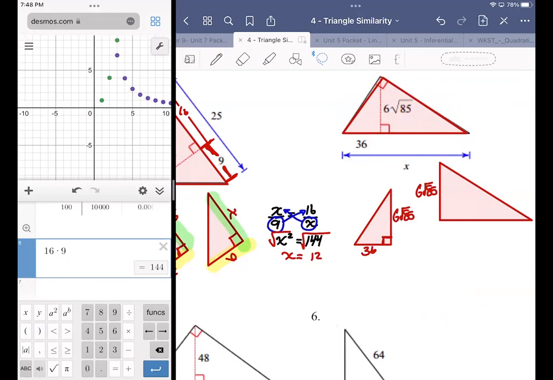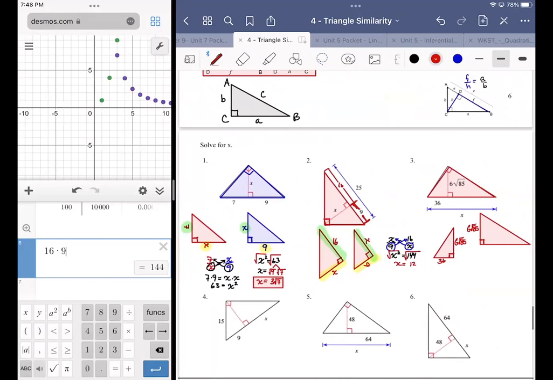It doesn't seem like we have enough information about anything else either, but we actually do, because just like we did over here, when we figured out that this was 16, because one part of it was 9 and we subtracted it from the 25, we could do the same thing here.